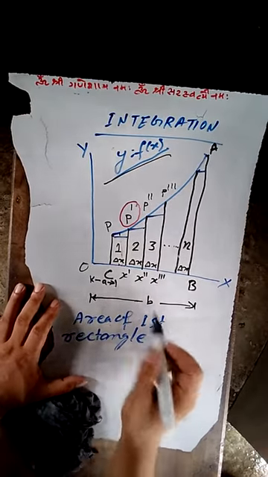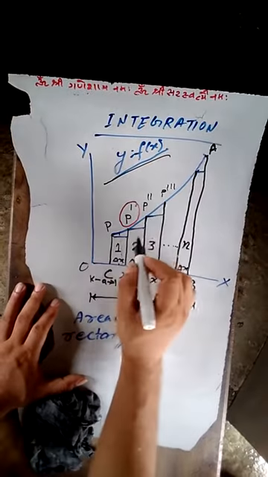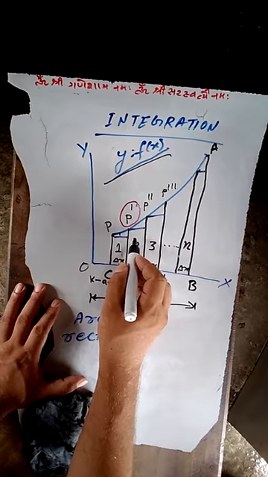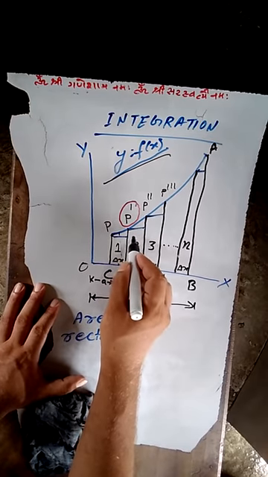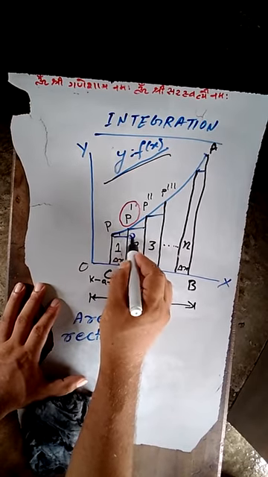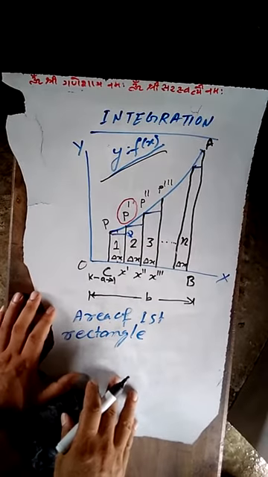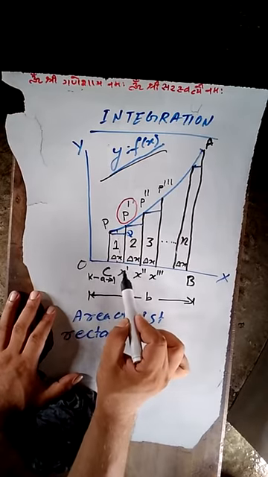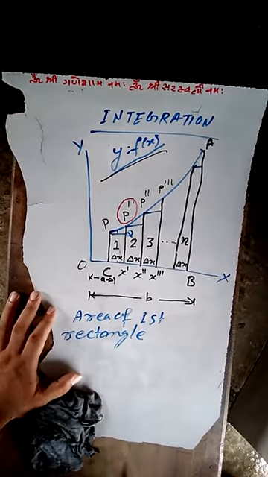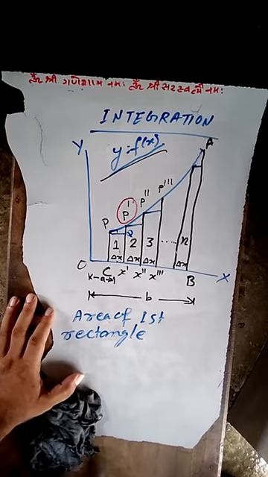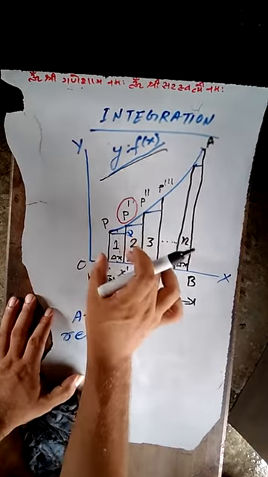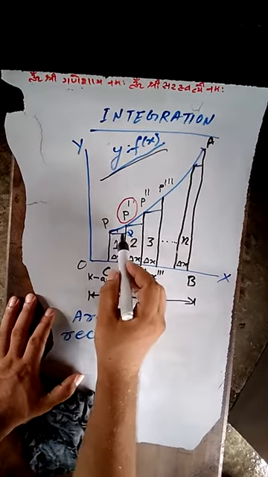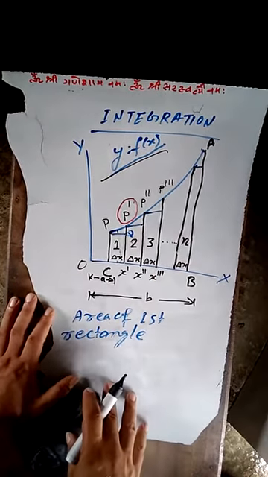If we name the points p and q, then actually your rectangle is p q x prime and c, but we are finding this because we don't know how to find the area of this triangular shape.